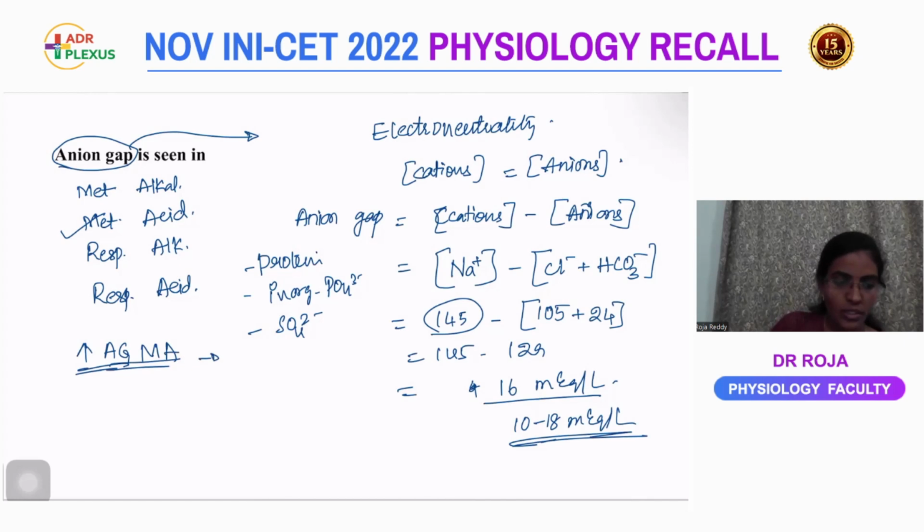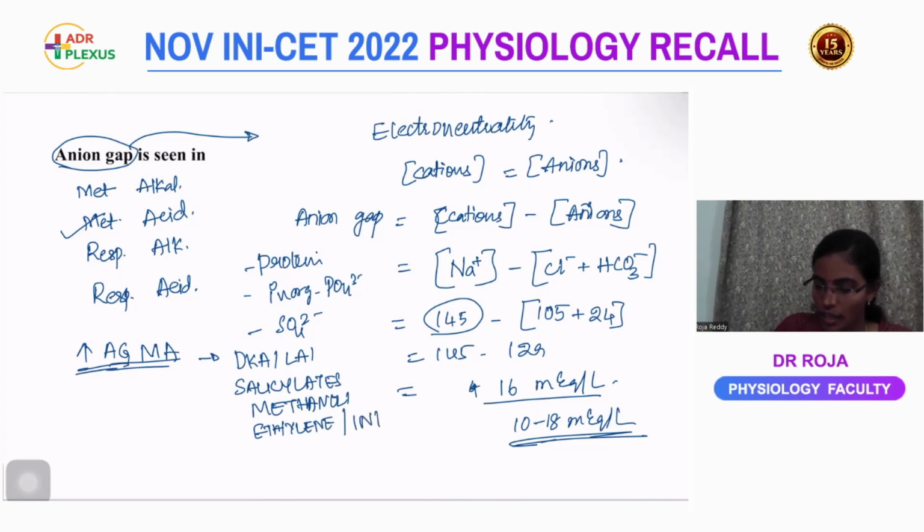This is seen mainly in conditions like diabetic ketoacidosis, lactic acidosis, and certain poisonings like salicylates, methanol poisoning, ethylene glycol poisoning or ethanol, and drugs like INH, and uremia. All these things cause high anion gap metabolic acidosis.